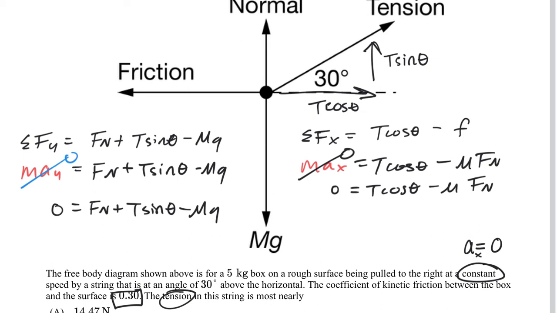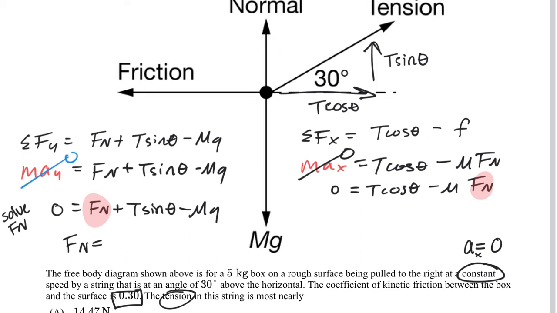We can solve for T in either direction. If we want to solve for T, we need to figure out what force normal is. That's what the y direction is for. So in the y direction, we solve for force normal.